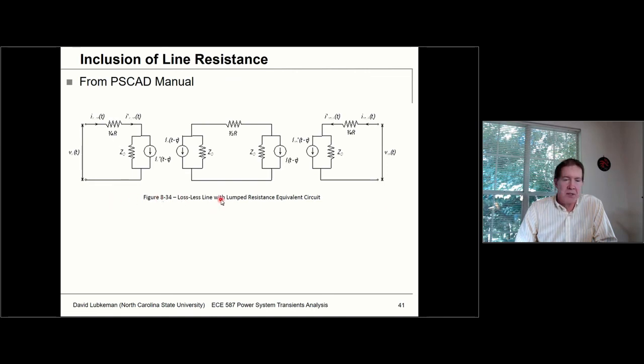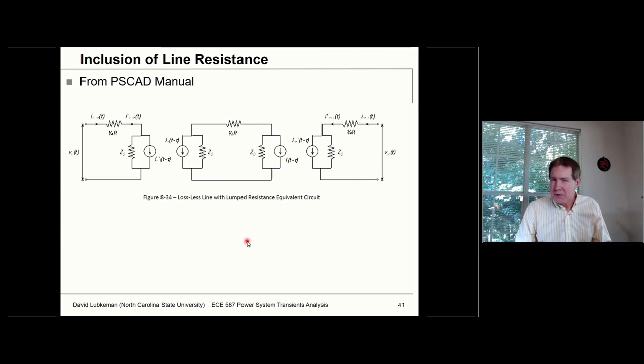And then you put a fourth of that resistance on the left side, half of that in the middle, and a fourth of it on the right side. So you're distributing the resistance in a way, but it's not really a true distributed parameter model for resistance, it just gives us a way of modeling the loss effect.